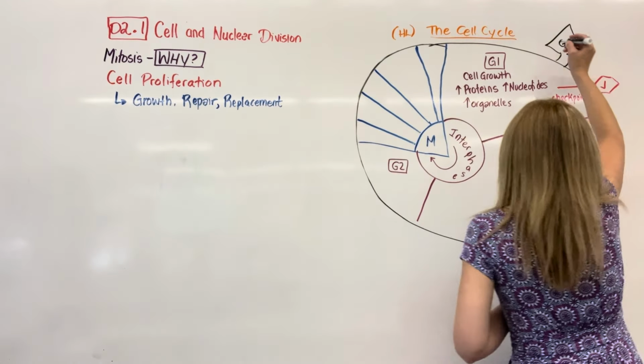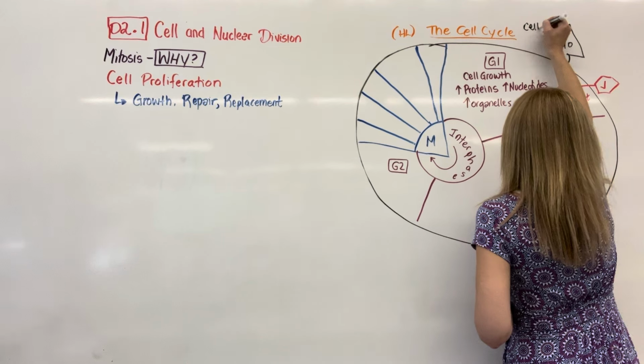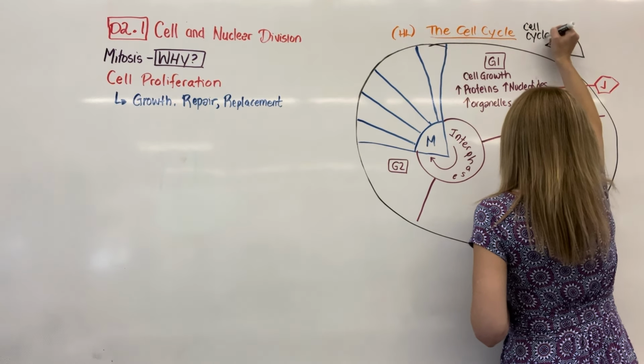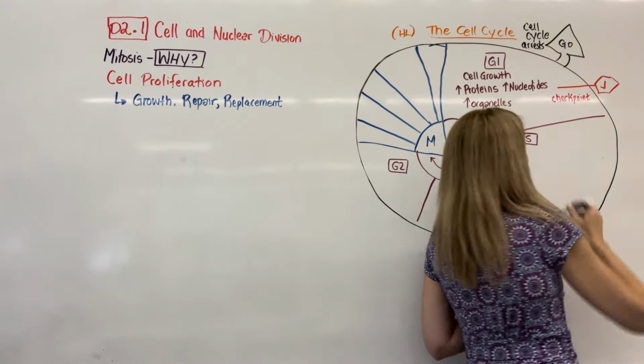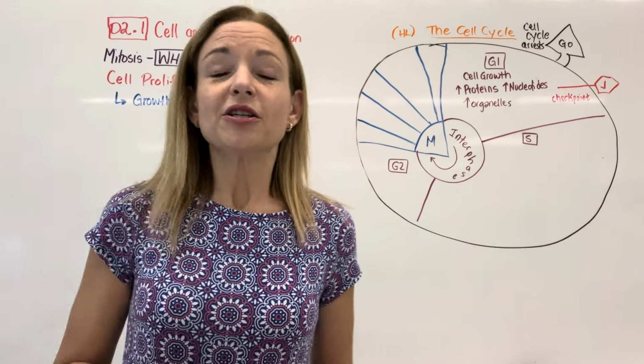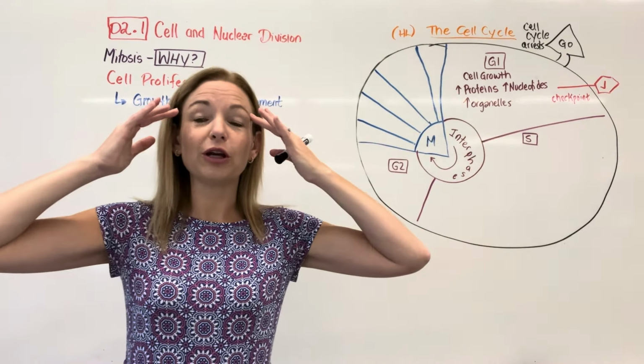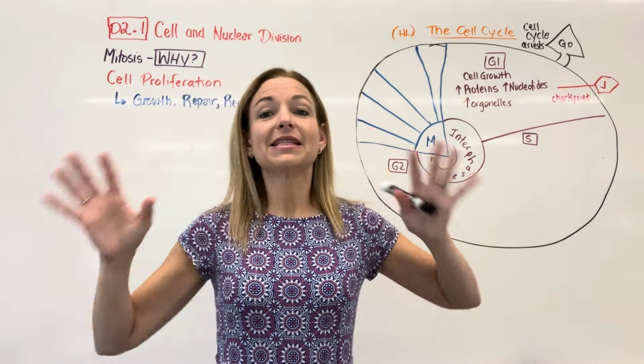So this is going to be cell cycle arrest. And remember, most of our cells are in G0. Because when they're in G0, they're doing their normal job. So your brain and heart cells, once you're fully grown, stay in G0 because it's really important that they do their job. So G0 is not a bad thing, it's a good thing.